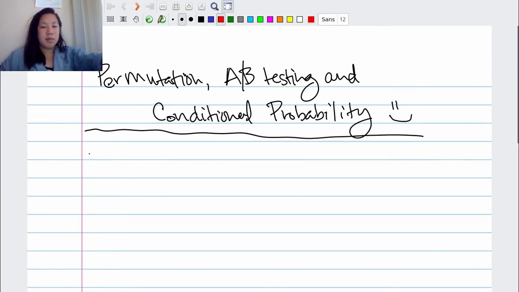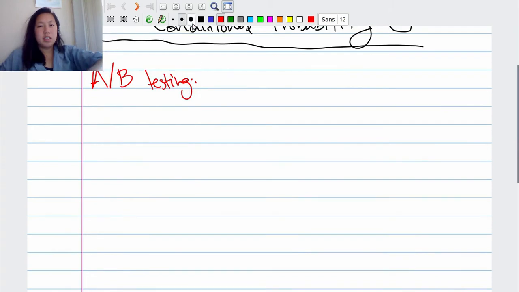So we have A/B testing, which is essentially used with categorical distributions.